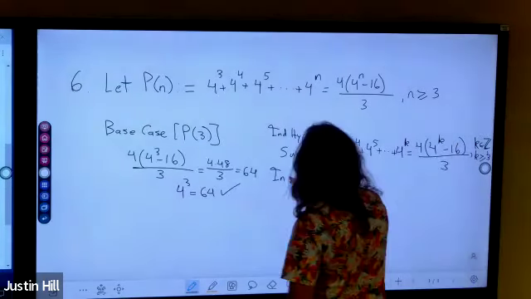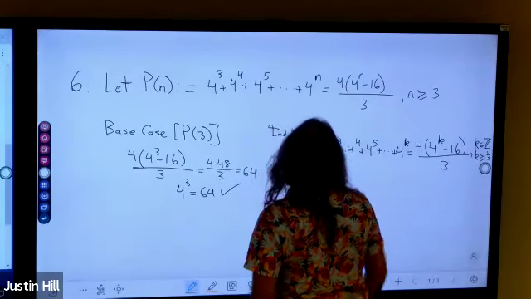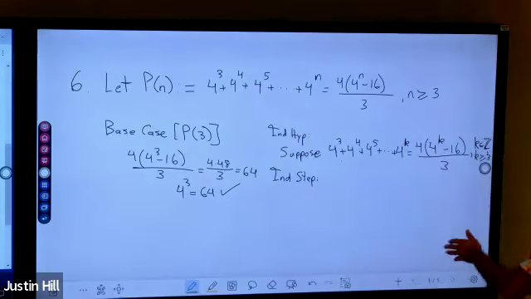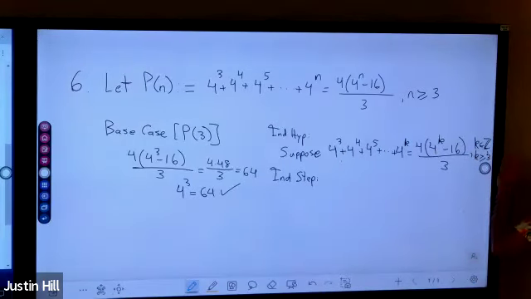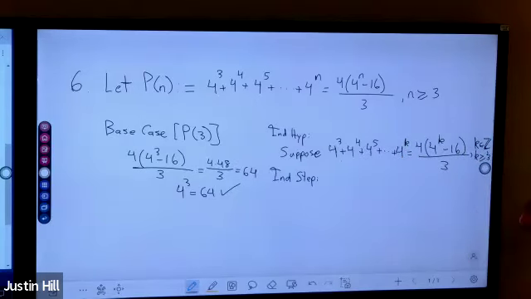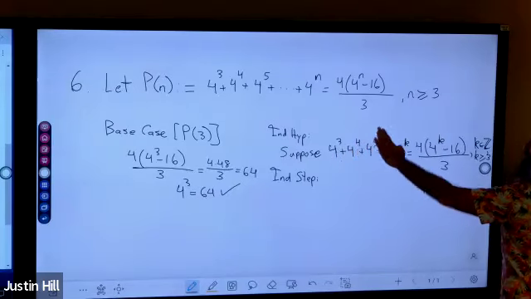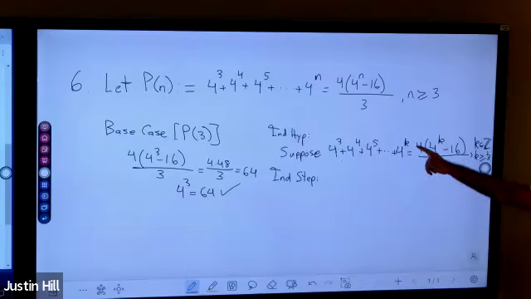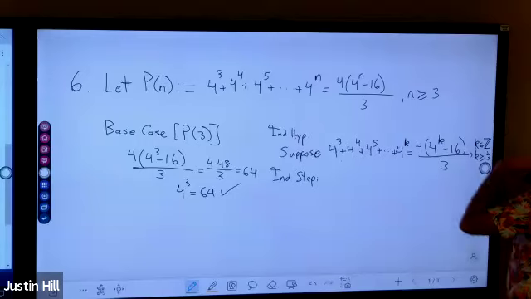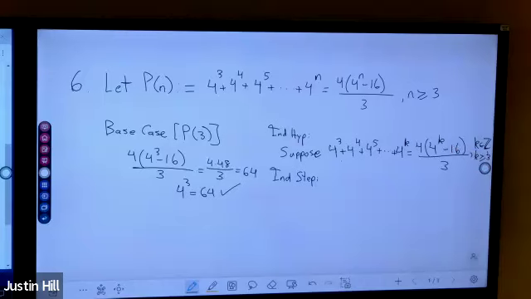So now we want to look at the inductive step. I want to show the k plus 1 case, which would be 4 cubed plus 4 to the 4th plus 4 to the 5th, all the way up, now not to 4 to the k, but we're going to add on 4 to the k plus 1. And that should equal 4 times 4 to the k plus 1 minus 16, over 3.